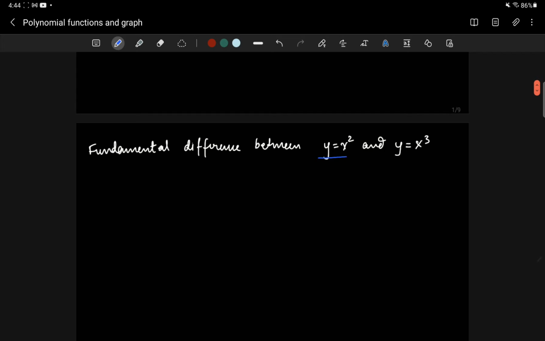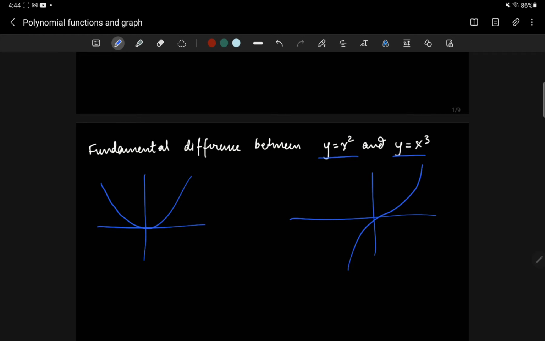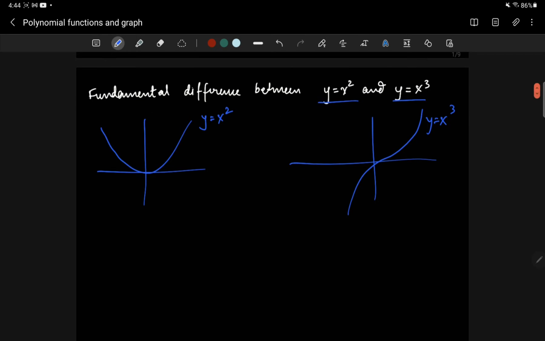Now what is the fundamental difference between these? y equals x squared looks like that, and y equals x cubed looks like that. But what is the fundamental difference? The fundamental difference here is that this is x times x, right?